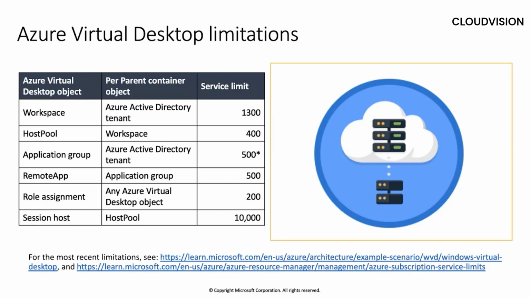Similarly, if we focus on the virtual desktop limitations, these are some of the current ones. How many tenants you can have, how many workspaces you can set up, how many host pools and application groups you can have. Or when it comes to delegation, how many people you can delegate to, and how many session hosts you can have in each and every pool also, right?